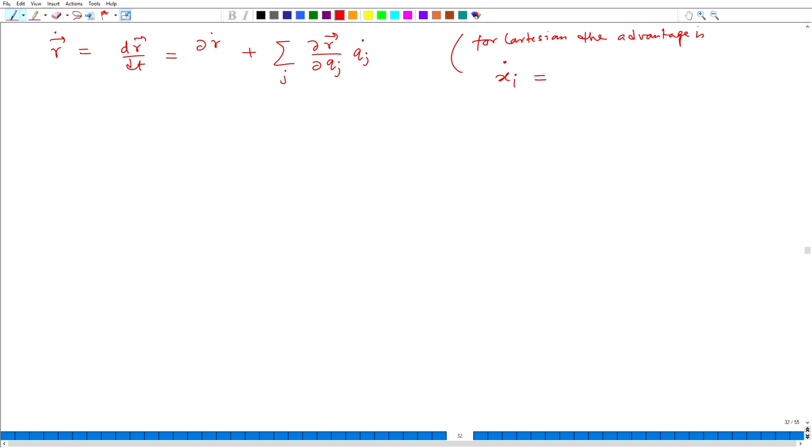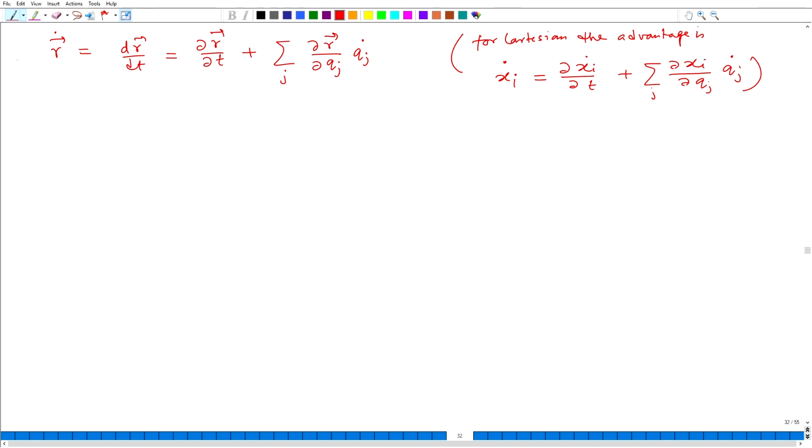That should be del r/del t, plus this, del xi/del t, plus summation over j of del xi/del qj times qj dot. That is the only advantage if you start from the Cartesian system.